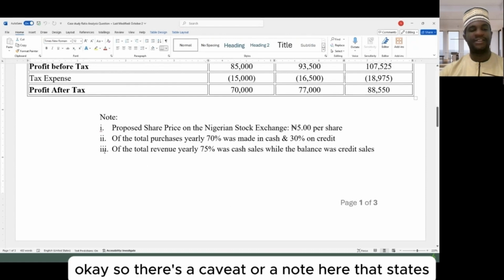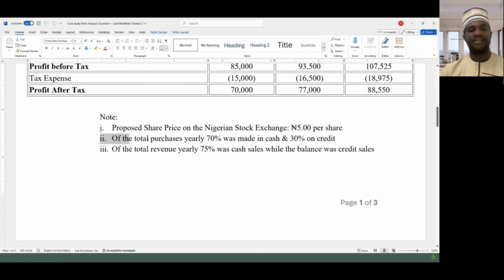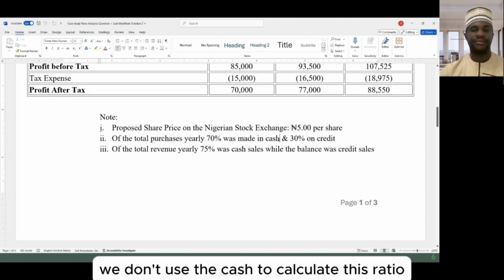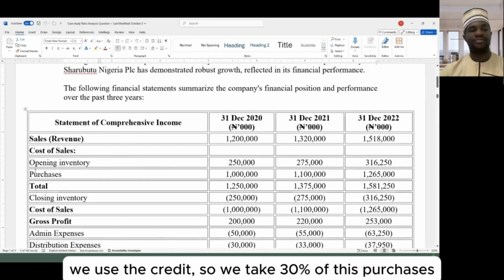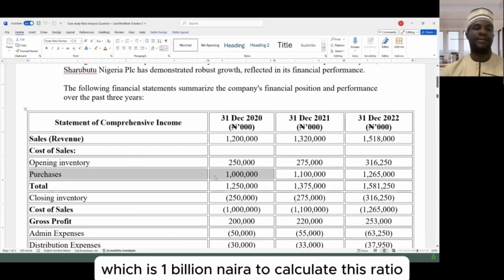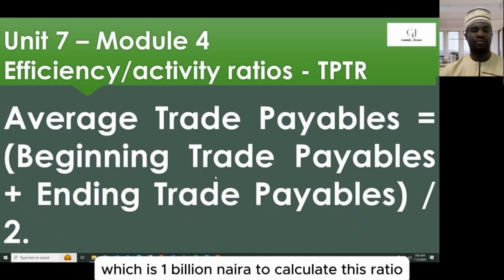Okay, so there's a caveat or a note here that states that of the total purchases yearly, 70% was cash. Don't forget, we just spoke to that. We don't use the cash to calculate this ratio. We use the credit. So we take 30% of these purchases, which is 1 billion naira, to calculate this ratio.